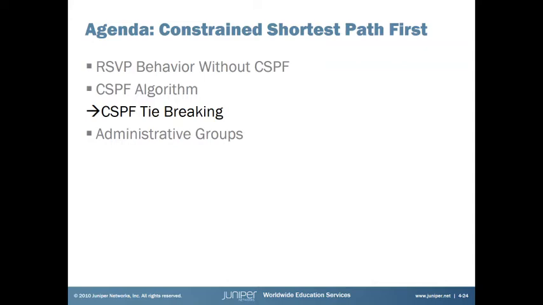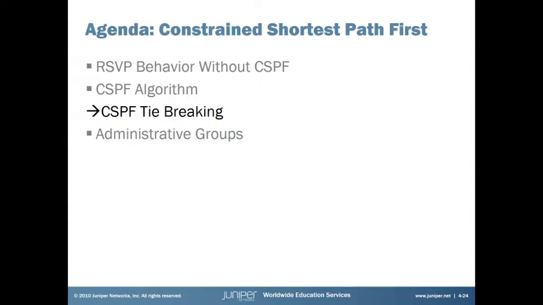Okay, so what we've said so far is that the job of CSPF is to come up with an explicit route object. It will then pass that explicit route object to RSVP, and RSVP will then build our path for us.